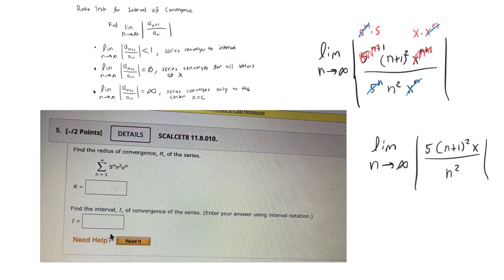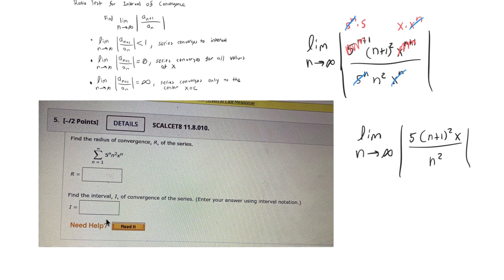Okay, and I think that's it, right? So I'm going to rewrite that in a way that helps us sort of understand the situation a little bit better. That's really 5x times n plus 1 squared all over n squared. Now, when we substitute infinity in for n, notice how the power of this n is the same as the power of this n.